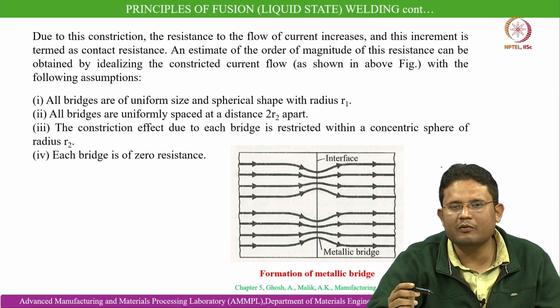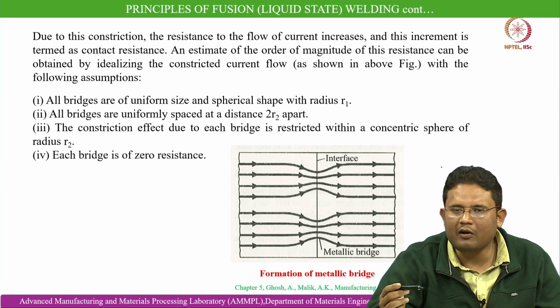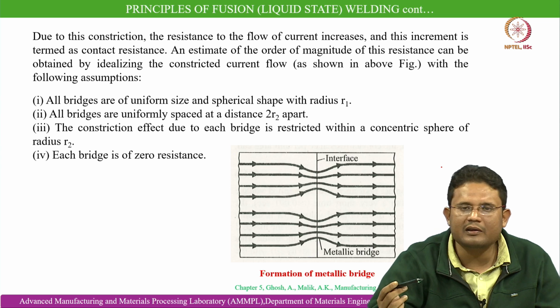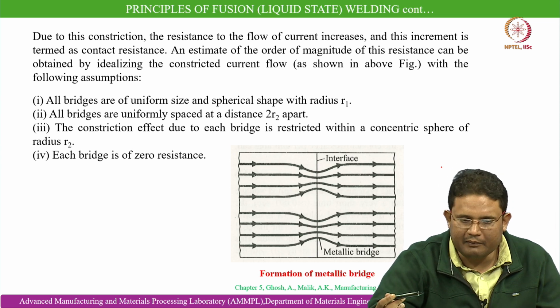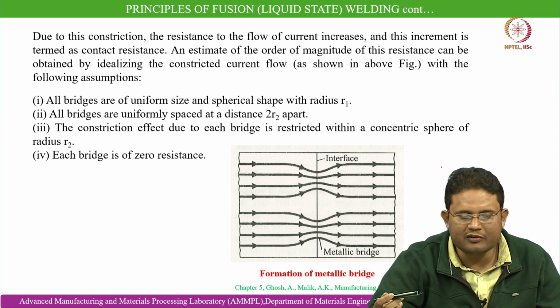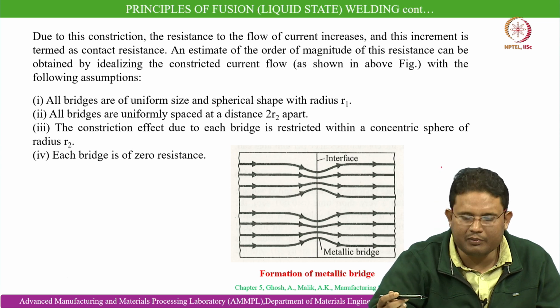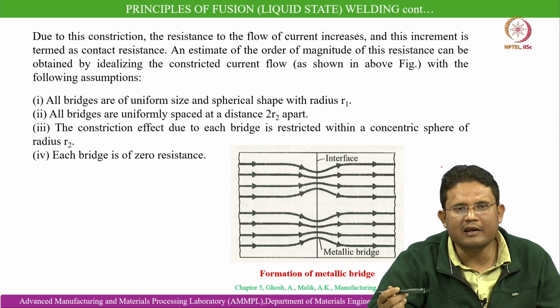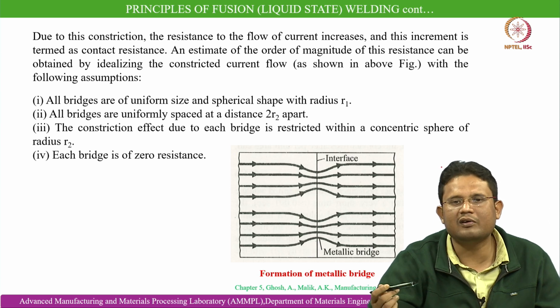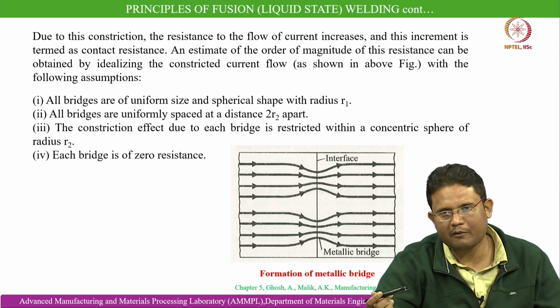All bridges are of uniform size and spherical shaped with radius r1, and all bridges are uniformly spaced within the adjoining surfaces of the metal plates, at 2r2 distances from each other. The constriction effect due to each bridge is restricted within a concentric sphere of radius r2, and each bridge is of 0 resistance.